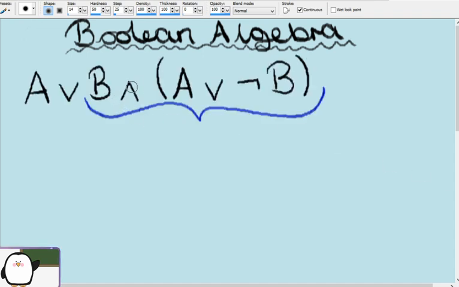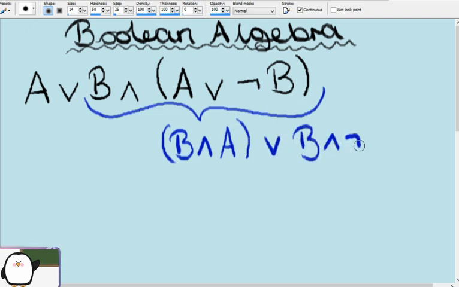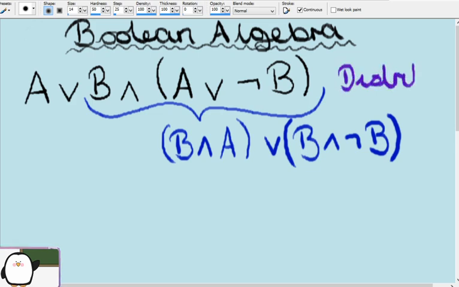We have B and (A or not B), which would become (B and A) or (B and not B) in brackets. And don't forget to write the law that you have used. So we have used here the distributive law. I'm just going to call it distrib for simplicity.